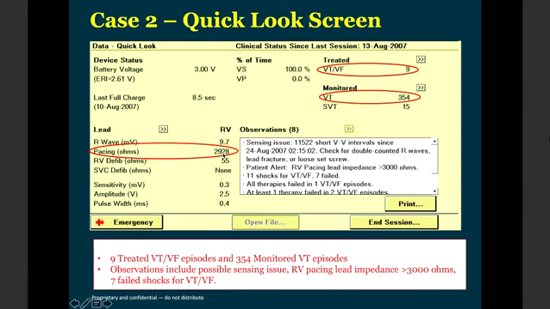So one look at this quick look, we know that there is a problem in the ICD lead. The conductor coil is likely to have a fracture. It's very likely that there is a make-break connection problem. So there is noise which is created by this abnormality, which is sensed by the device as a VT or a VF. Some have been monitored because they are at a lower rate. Some have been treated inappropriately. So this patient is likely to have had inappropriate shocks due to a lead conductor fracture.